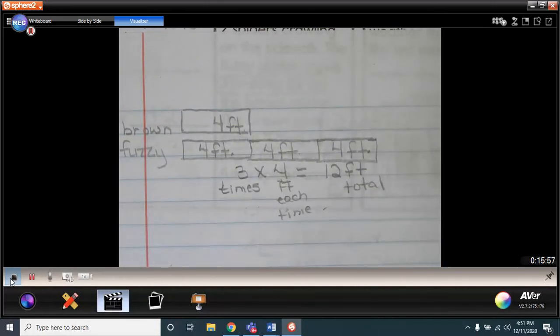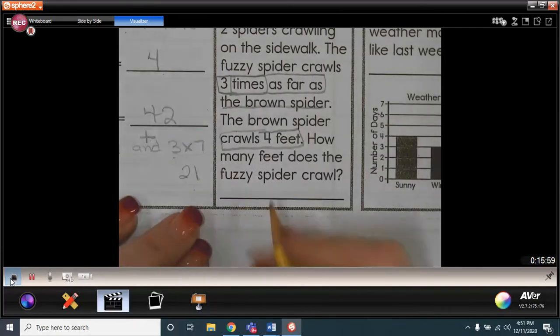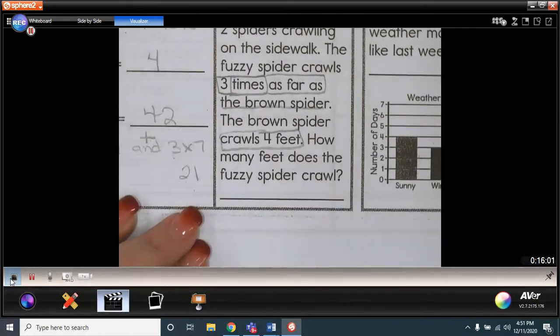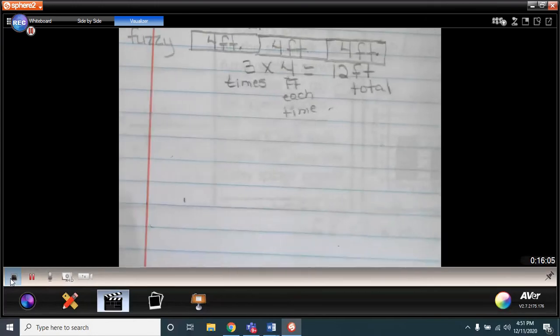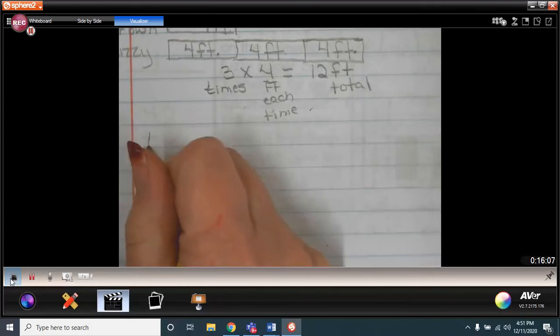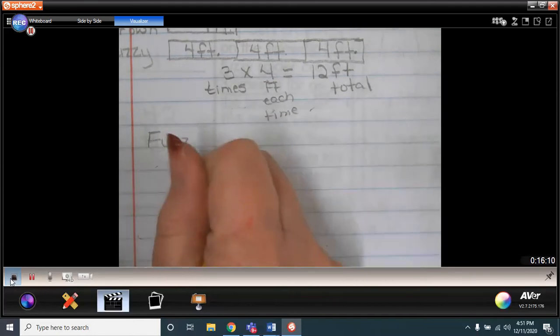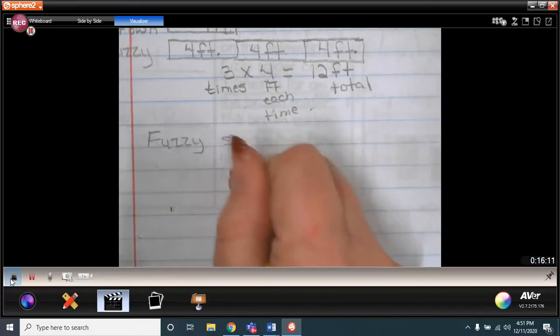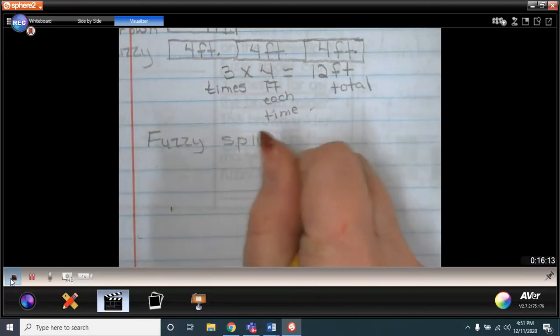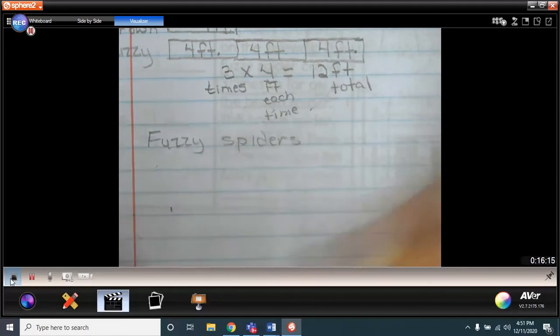So now I can come back here and I could say, actually let's do it on my paper here. Fuzzy spider crawls 12 feet. Oh, not spiders, we're not plural, just one.